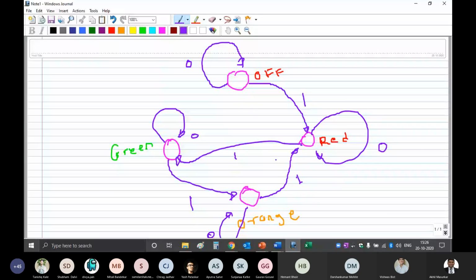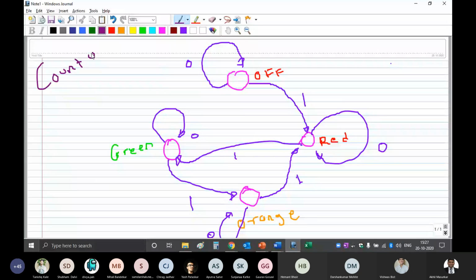Now you can see that actually we saw this is an application of a traffic light signal. That is fine. That's not a problem. So now I want to clearly state what is the difference between a counter and a timer.